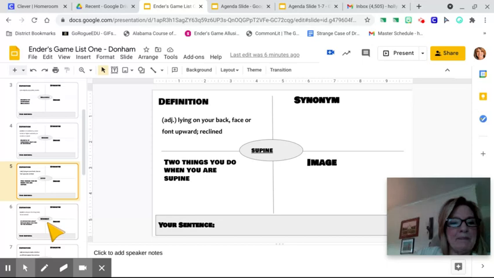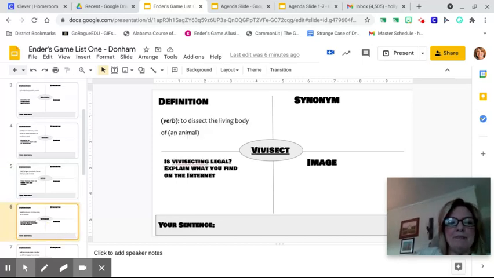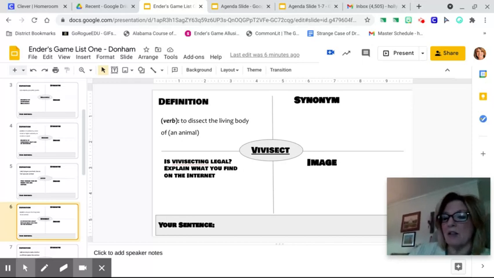Okay. The next slide, vivisect. This word is similar to dissect. The difference is when you dissect something, like in science class, you're dissecting something that's dead, right? Or something that's not living. When you vivisect something, you are dissecting something that is living.